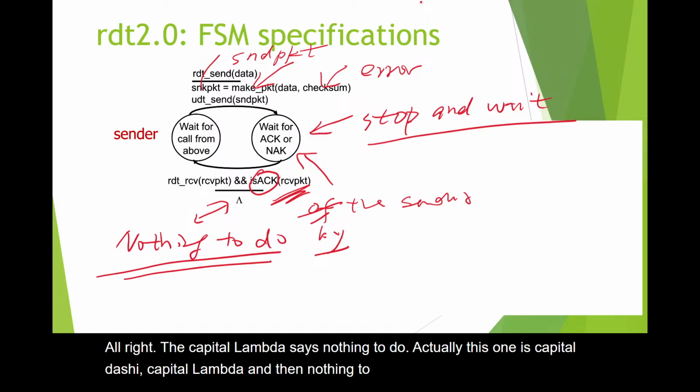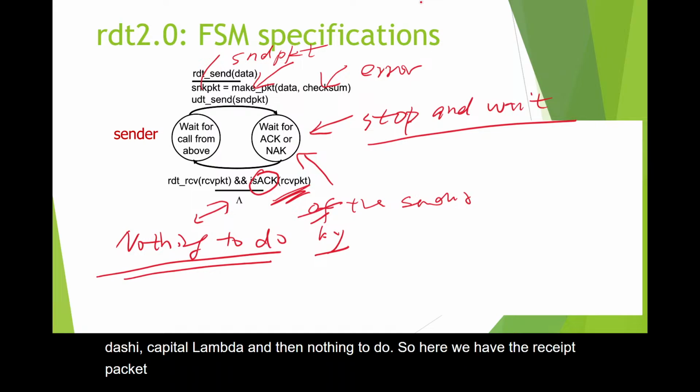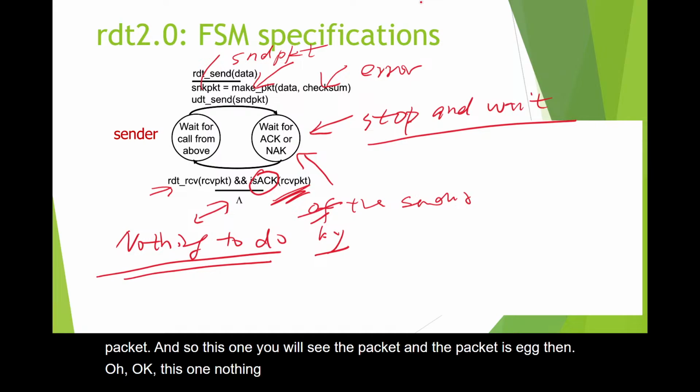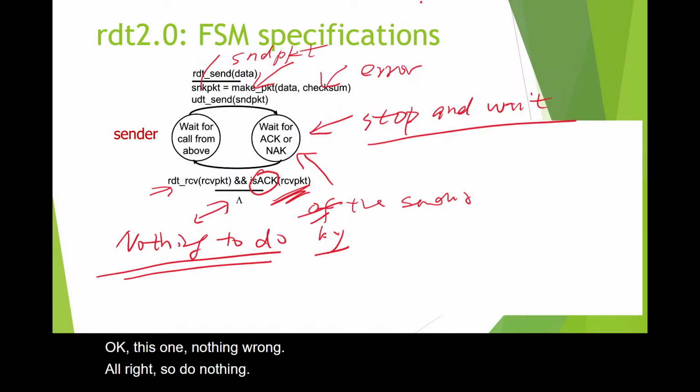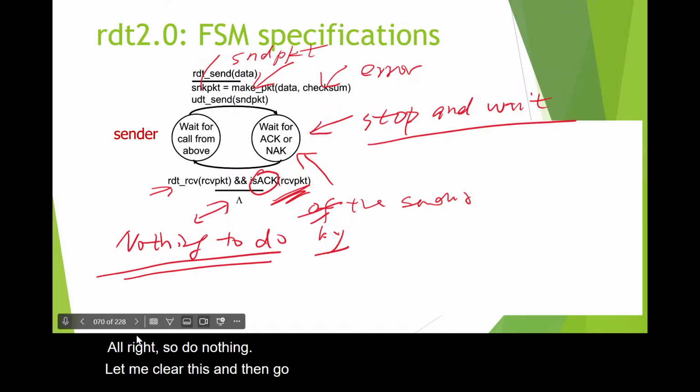Actually, this one is capital lambda, and then nothing to do. So here we have the receive packet. And so this one, you receive the packet, and the packet is ACK. Then, oh, okay, this one, nothing wrong. All right, so do nothing. Well, let me clear this and then go to the next one.